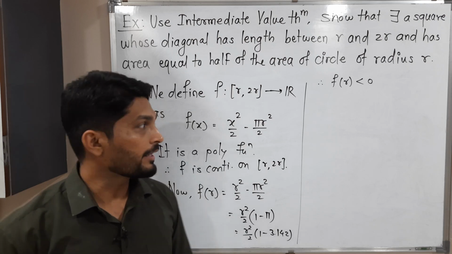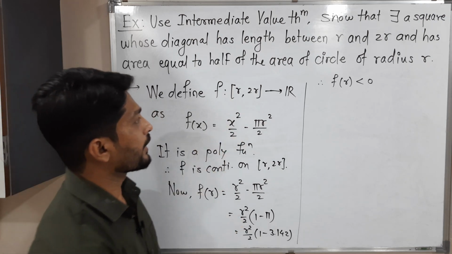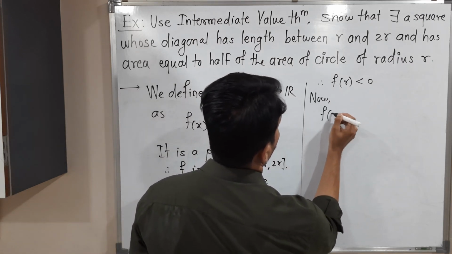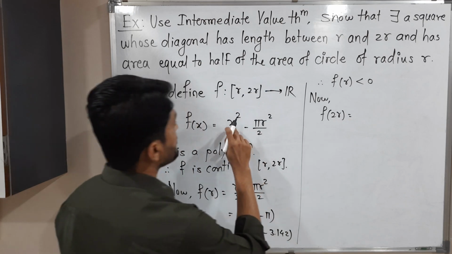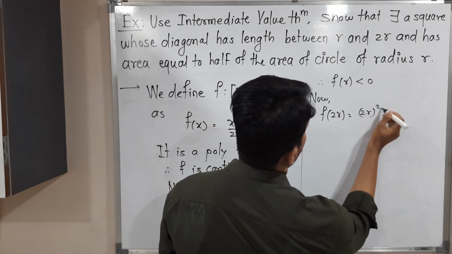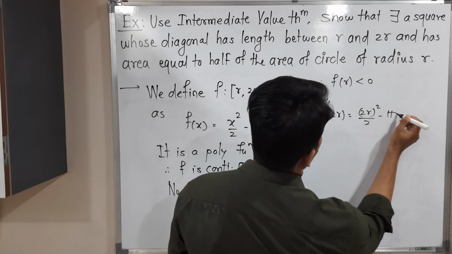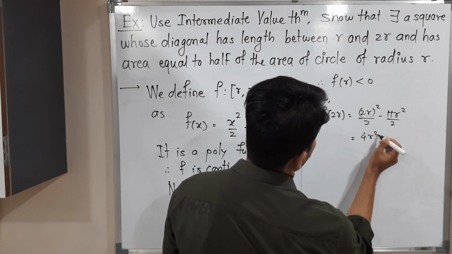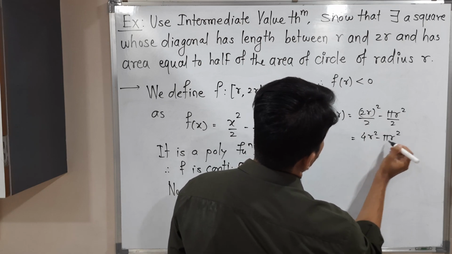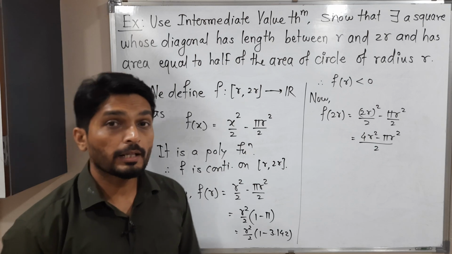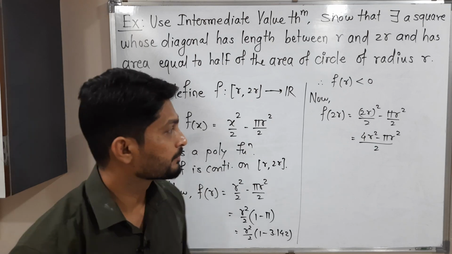Let us go find the value of f at 2r. Now f of 2r, so let us put x is equal to 2r here. 2r square by 2 minus pi r square by 2. Let us take the square separately. 4r square minus pi r square. Both of them have the same denominator, 2. Tell me now, what can we take common?